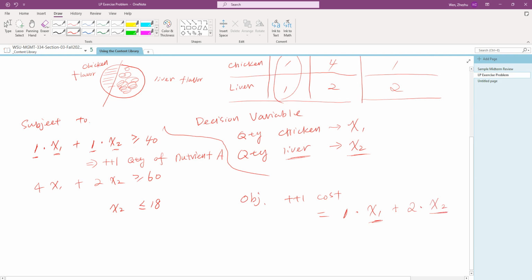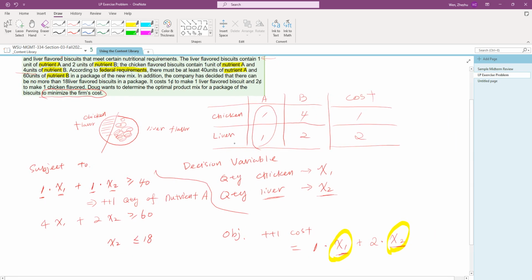Okay, so we will eventually figure out the quantity for x1 and x2 using the solver. But before we move on to Excel, let me highlight a couple of areas you need to know in this step of the analysis. We know all the parameters, the given parameters.